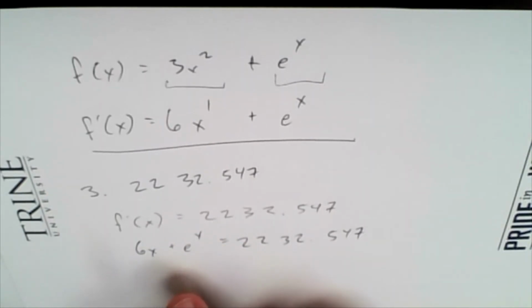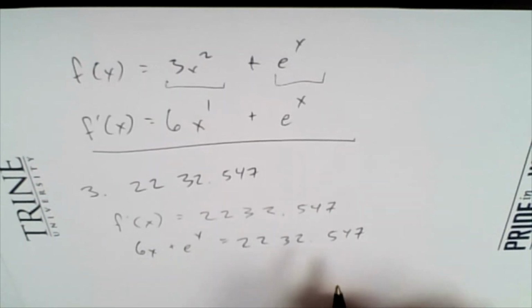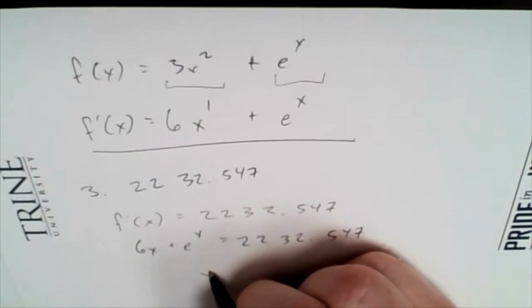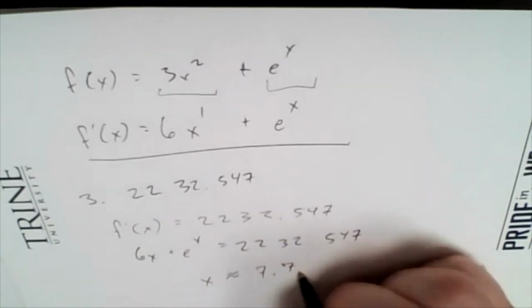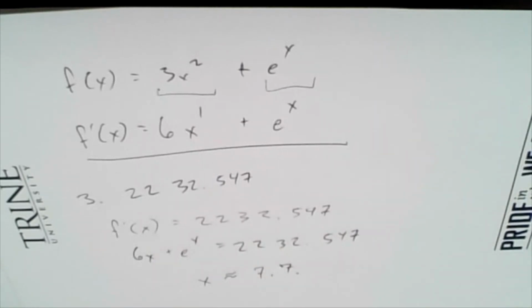So for this point in the class, I would actually recommend using a graphing calculator. Use the equation solver on your system to handle this problem. We get x is about 7.7. So those are the first 3 questions.